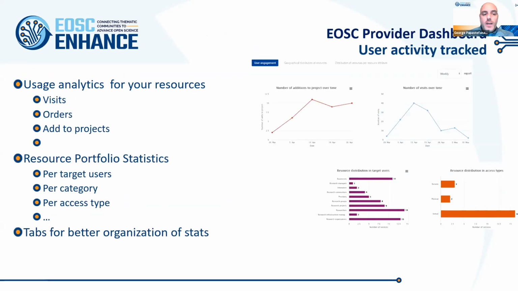Also, you have access to rich usage statistics, such as visits in the pages of your resources, orders that refer to your resources, additions of your resources into projects, and other types of statistics that are gathered by the marketplace and are visible in the dashboard.